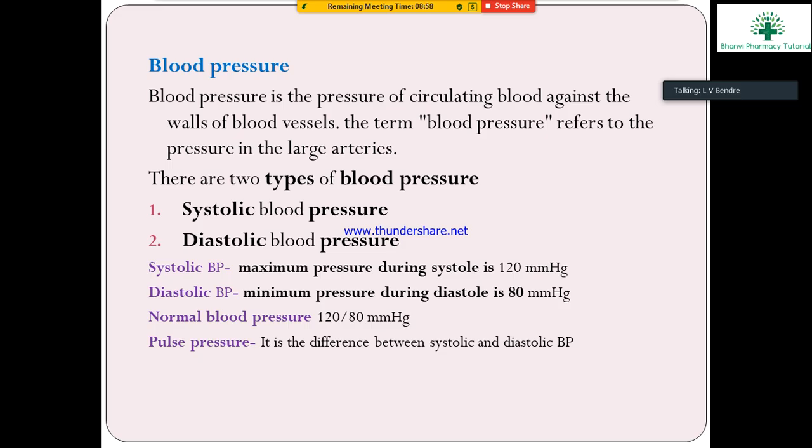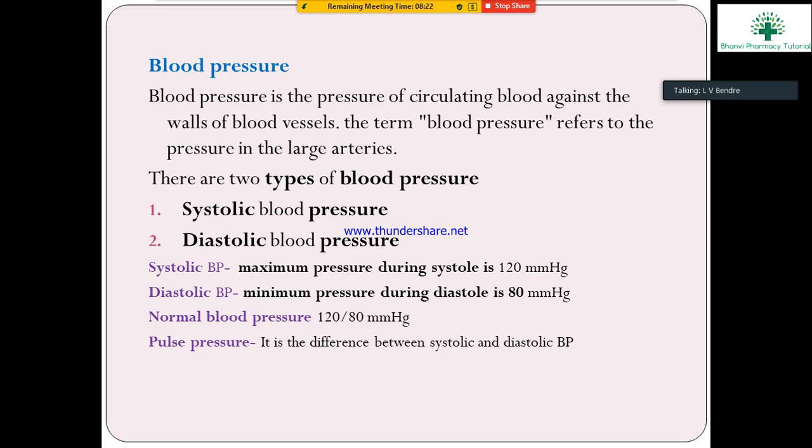Next, diastolic blood pressure means the minimum pressure during the diastole, which is 80 mmHg. Normal blood pressure has a systolic of 120 and a diastolic of 80 mmHg. That is the normal blood pressure of a person.